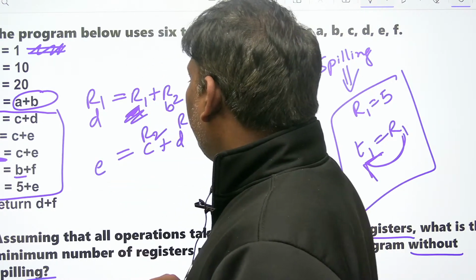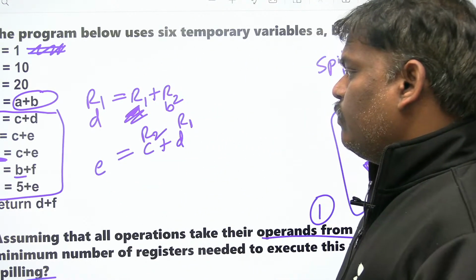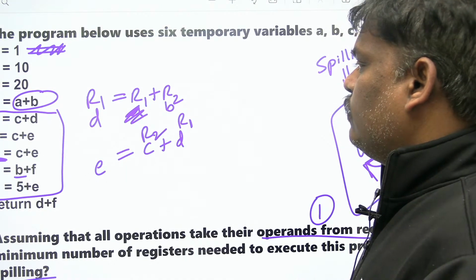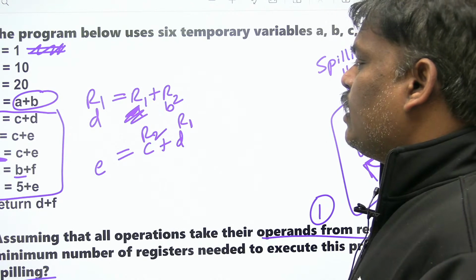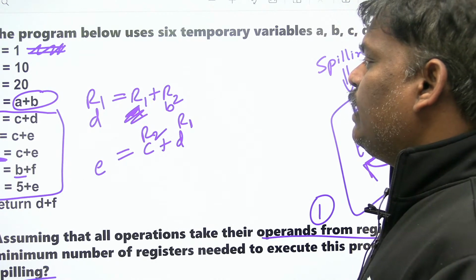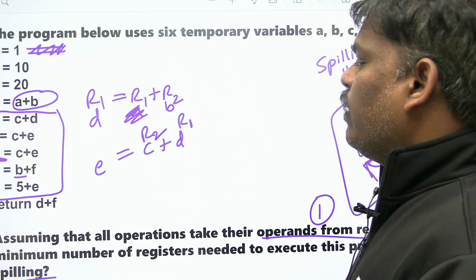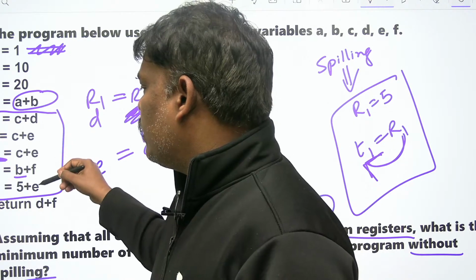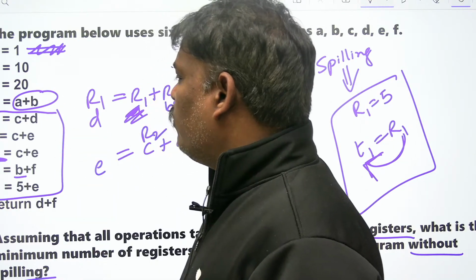For the E purpose, can I use R1? R1 means D. Can I use D? Is D required further? Yes, it is required. Please verify.